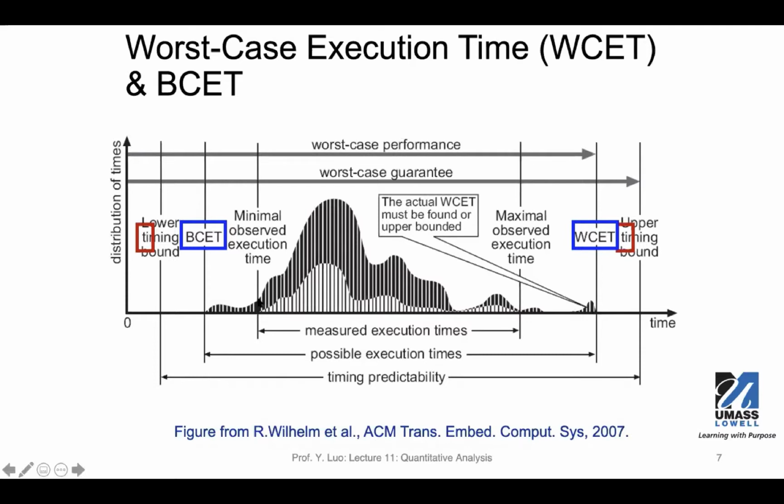And the y-axis is the distribution of time. If this is higher, that means that out of the many executions that you have, there are many times that you see the completion time is this value x.